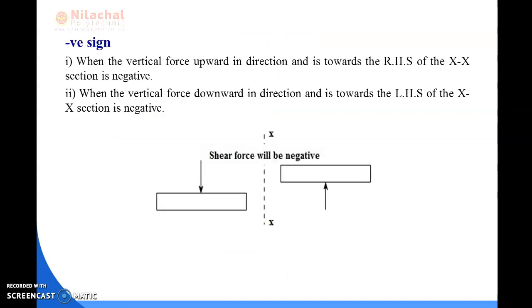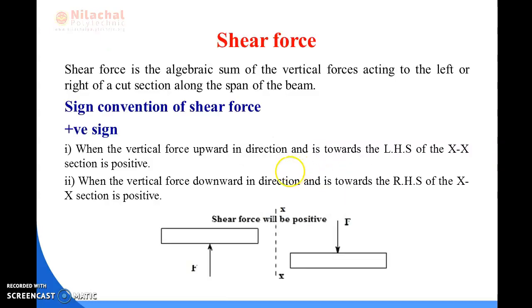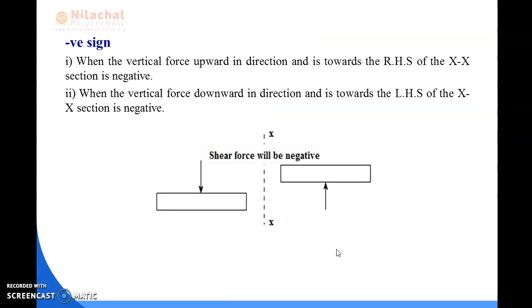Then let's come to the negative sign convention of the shear force. You can see the diagram here. It is similar to the positive sign, but the nature of the force is different. Here you can see the XX cut section, and at the right side of the beam the force is upward in direction, whereas in the positive case the right side force is downward.